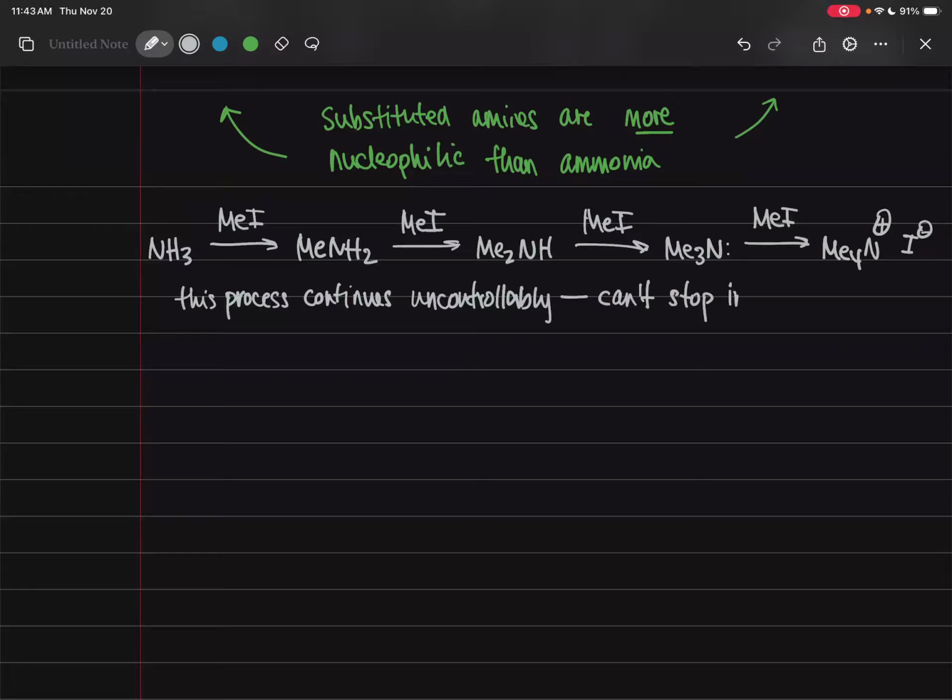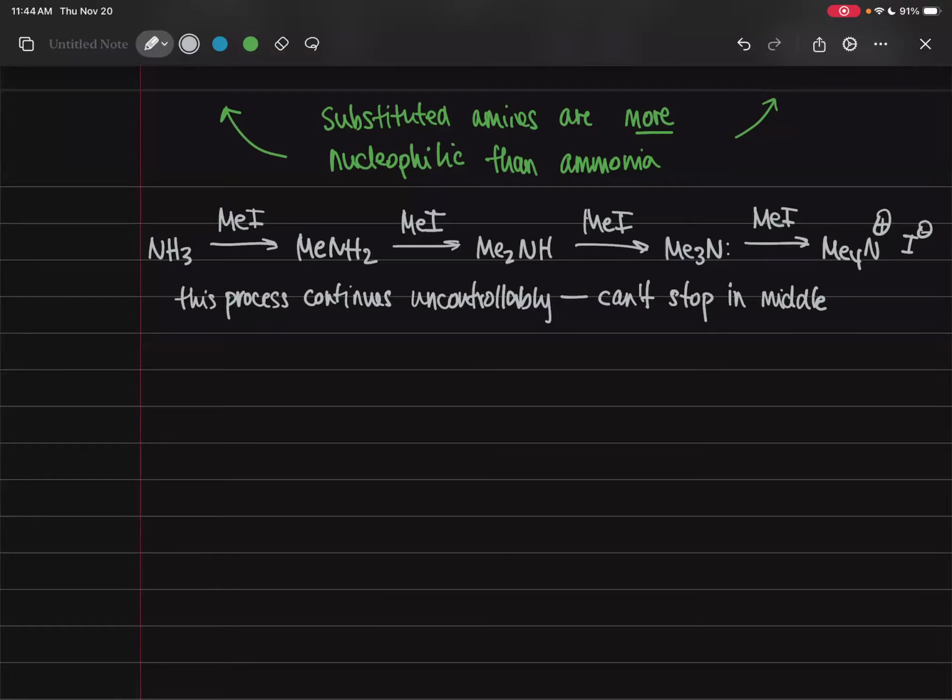So you cannot stop in the middle of this process and say, oh, okay, I know what I'll do. I want to make dimethylamine, Me2NH. So what I'll do is I'll just add 2 equivalents of methyl iodide, right? What would happen in that case is you'll first make methylamine, which will then alkylate to dimethylamine.